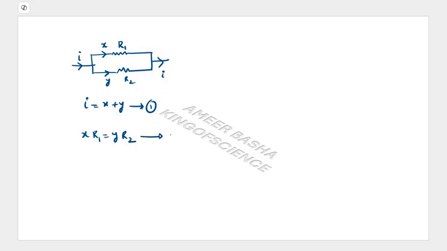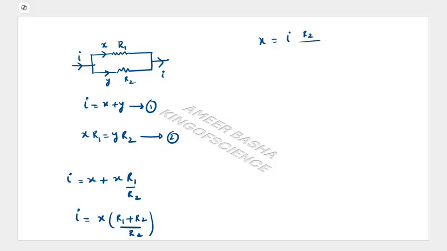So from 1 and 2 I can solve for X and Y. So X by Y will be equal to R2 by R1. So I will be equal to, taking X common, X times R1 plus R2 divided by R2. So from here X will become I into R2 divided by R1 plus R2.